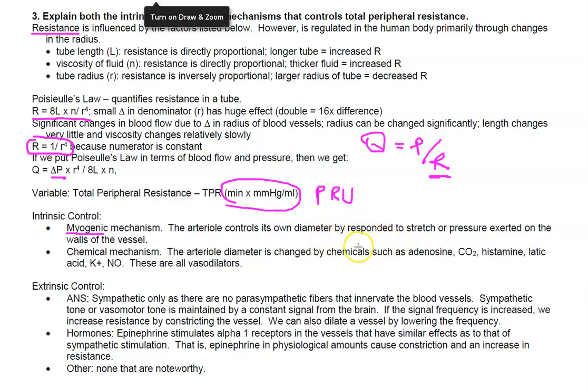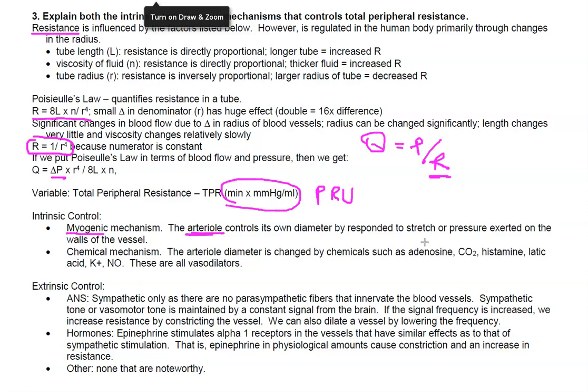So as blood moves through an arteriole, remember the arterioles are the greatest sites of resistance in the human body, so those are the ones that have the greatest control in terms of flow. As it moves through an arteriole, if we have an increased stretch or pressure exerted on it, the wall of the vessel will sense that and change its size to accommodate it.